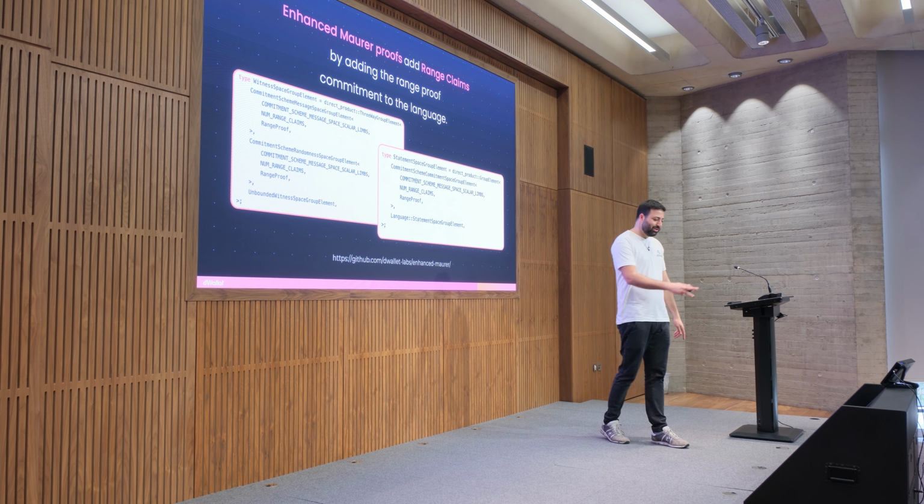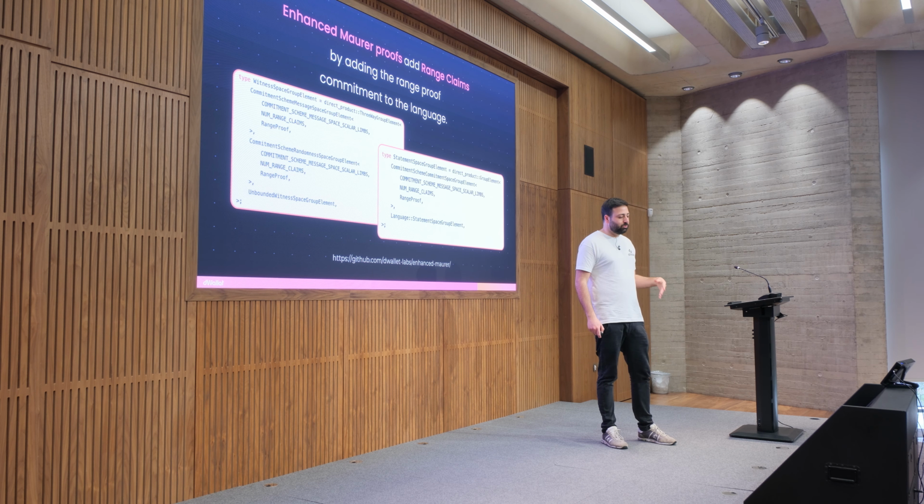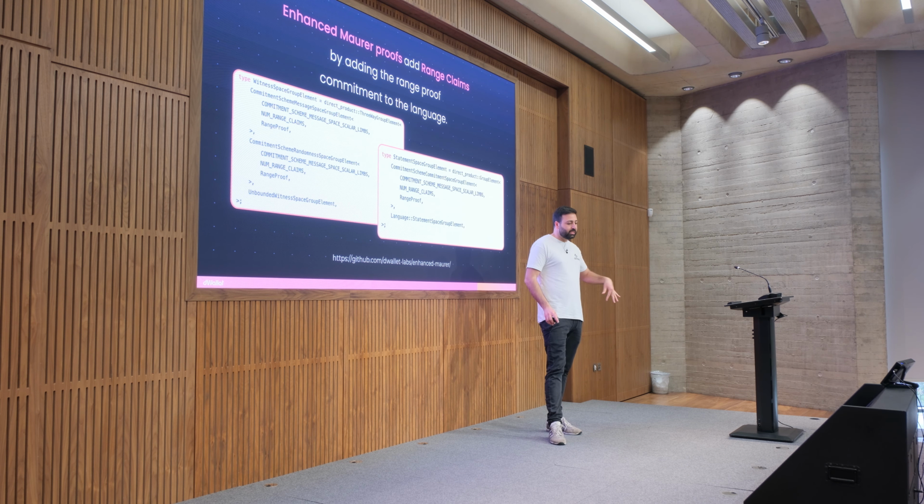So there's some code here, but you can see that the witness space group element for us, the witness of this language, the enhanced language, is always going to be composed of a message of a commitment scheme, a randomness of a commitment scheme, and some unbounded witness that you can use for a language.